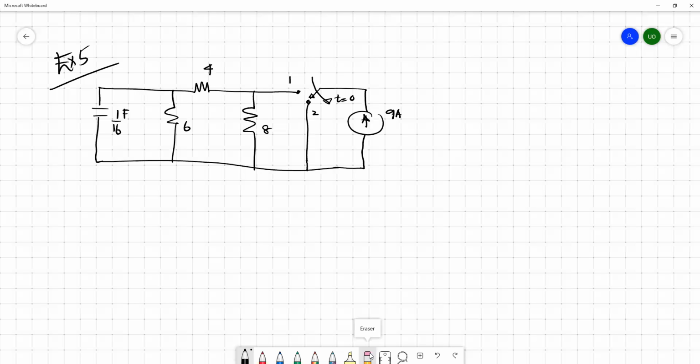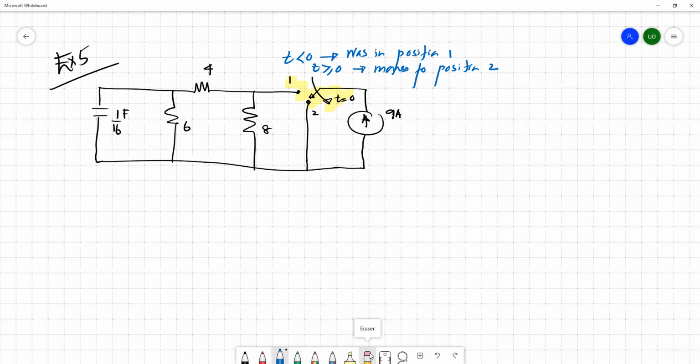By looking at this operation, we can simply say that for t less than 0 it was in position 1, and for t greater than or equal to 0 it moves to position 2. Hope you can easily understand by looking at the arrow. Initially it was in position 1, and then at t equals 0 it moves to position 2.